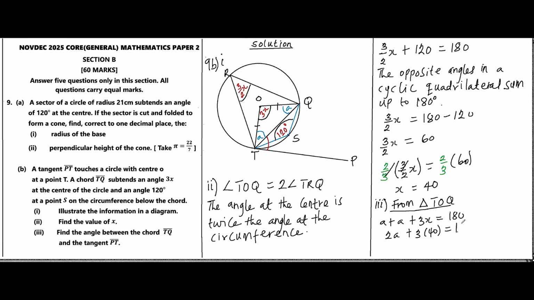So we have 2A plus 3 times 40, 120, and this must be equal to 180.